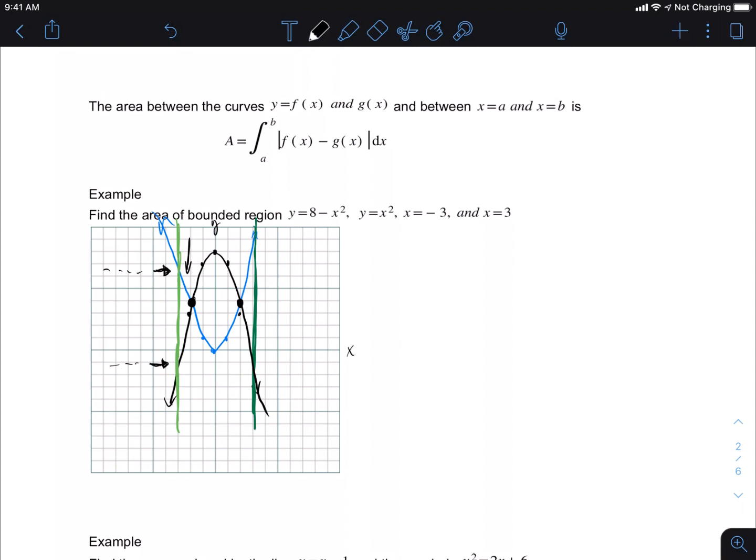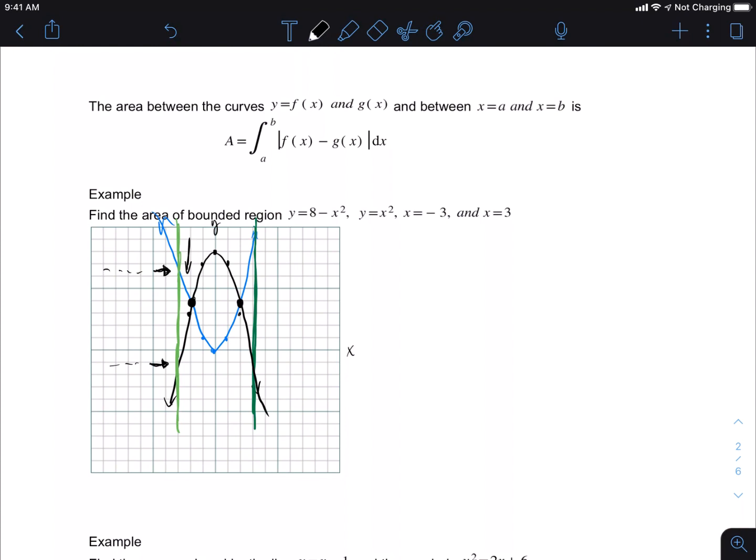Now, in this definition, it tells us to take the absolute value, right? So if we have two functions and they alternate what they're doing, we're going to take the absolute value of their difference to be able to get the integral. Well, that's kind of funky. So instead, I always just go top minus bottom.